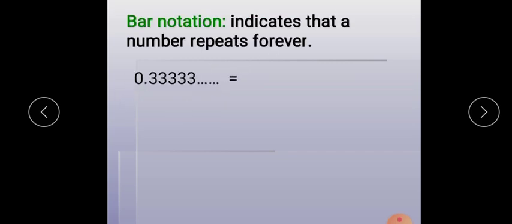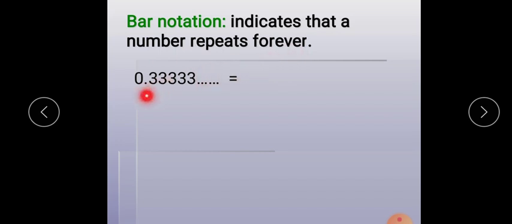Bar notation. It is very difficult to write the same set of repeating numbers over and over again. So we can use a different notation to represent which numbers are repeating. Such notation is called bar notation. It indicates that a number repeats forever.